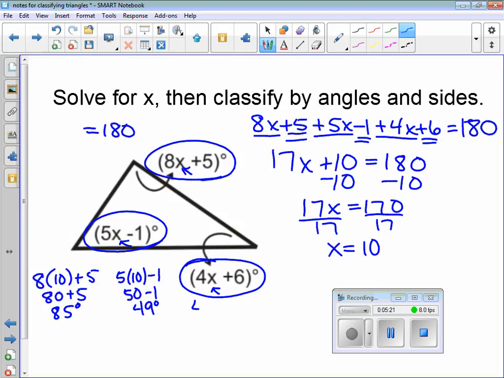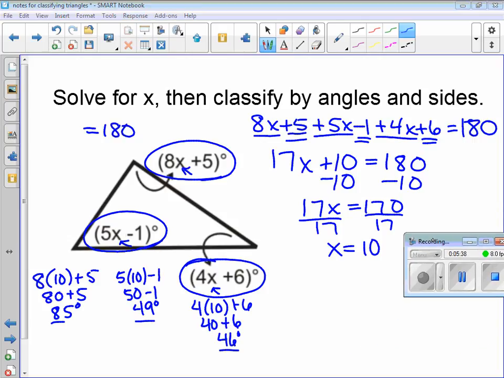And then you do 4x. So 4 times 10 plus 6, 40 plus 6, and you get 46 degrees. You'll look at all of your angles and see that they are all less than 90 degrees. So when you classify this triangle by its angles, it is an acute triangle.